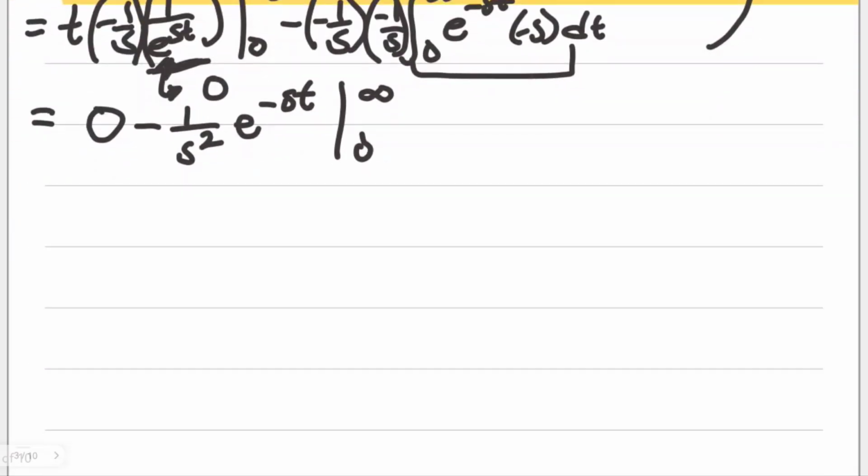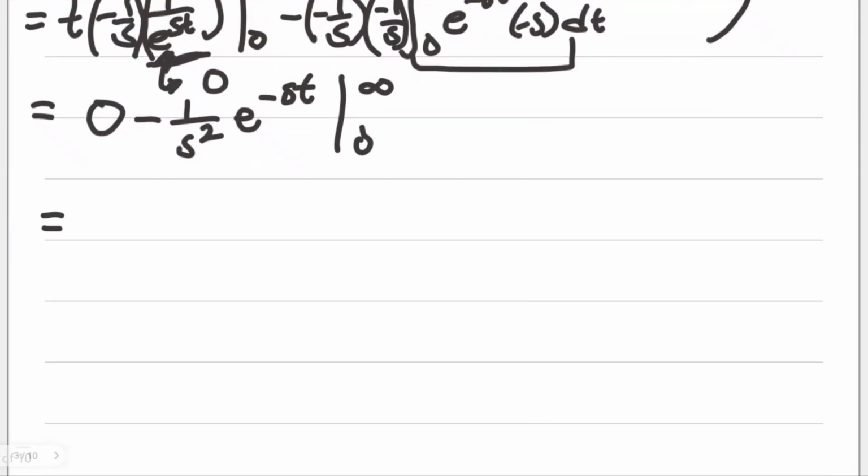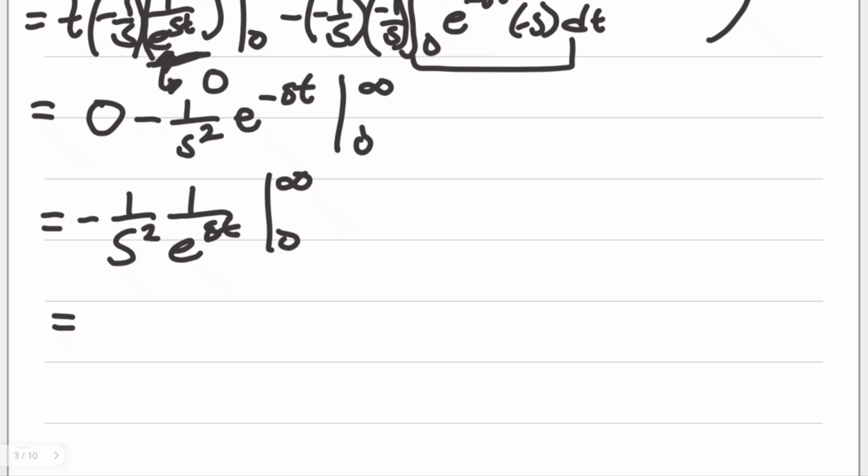Let's continue. So this would become negative 1 over s squared, 1 over e to the power of st, again the law of negative exponent, as t goes from 0 to infinity. Starting with infinity, you will have your 1 over e to the power of s times infinity.